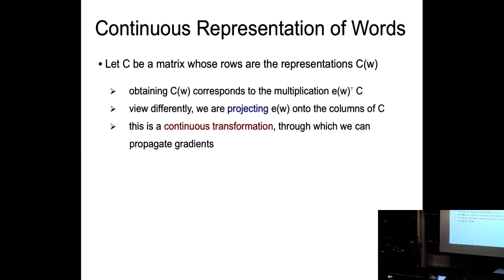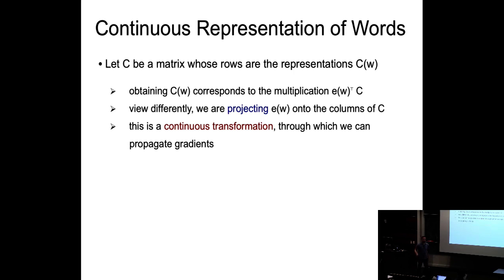Now, let's look at the continuous representations. C here is going to be a matrix whose rows are the continuous embeddings of words.